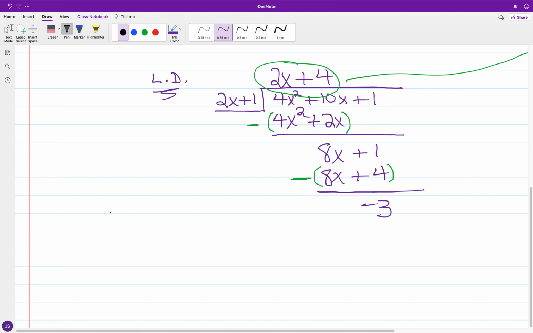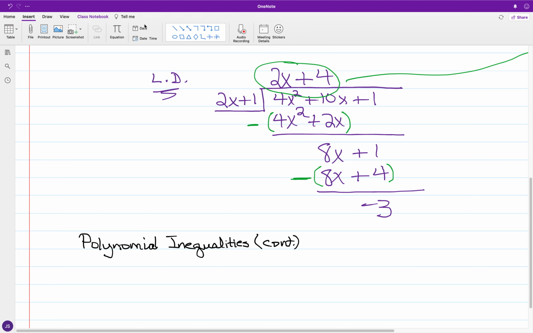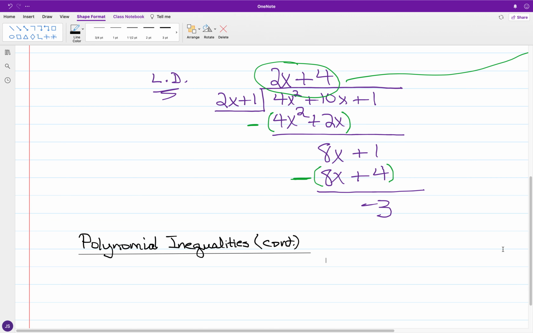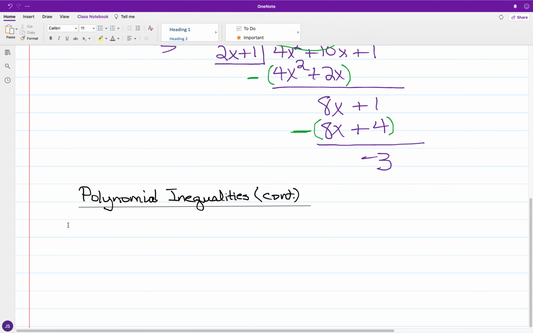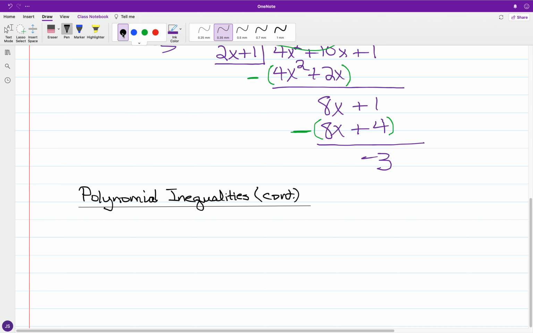And for what we have in the case of polynomial inequalities, let's see what we have here.